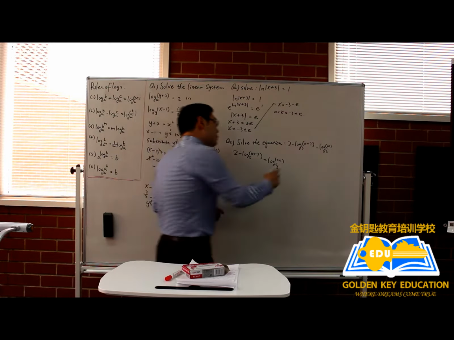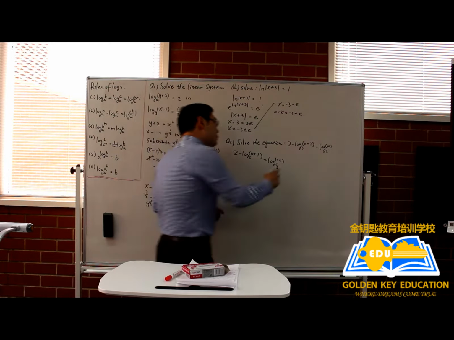So using rule number 4, we should rewrite the equation, rearranging so that log base 1/3 is just base 3 to the negative 1, of 2x. And to continue from here, what we can say is that 2 minus log base 3 of x plus 7 equals 1 over negative 1, log base 3 of 2x.